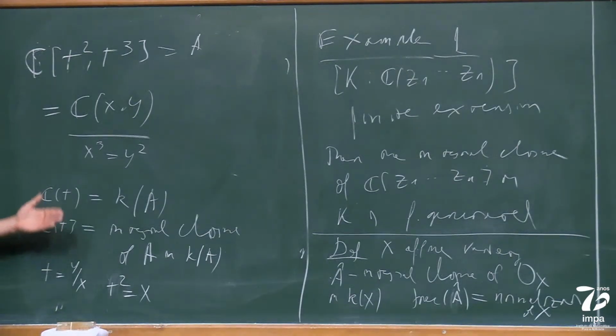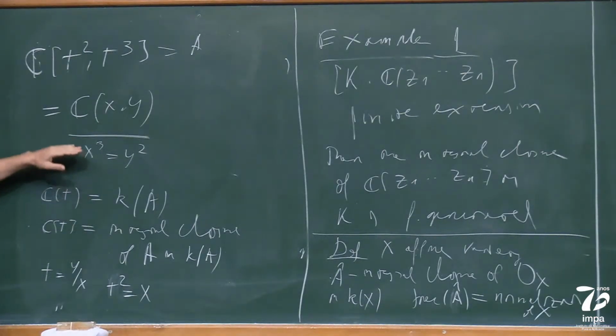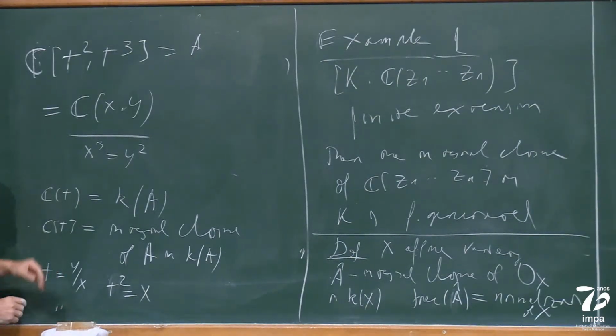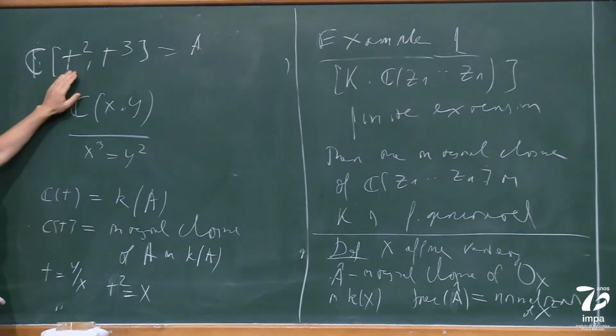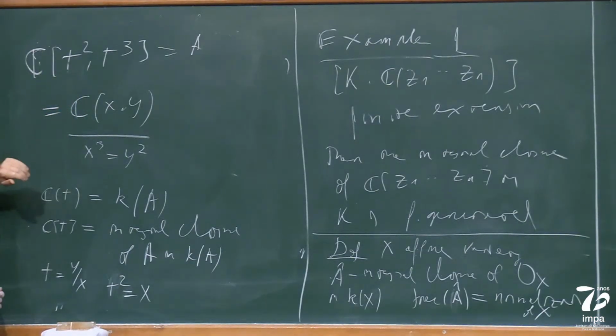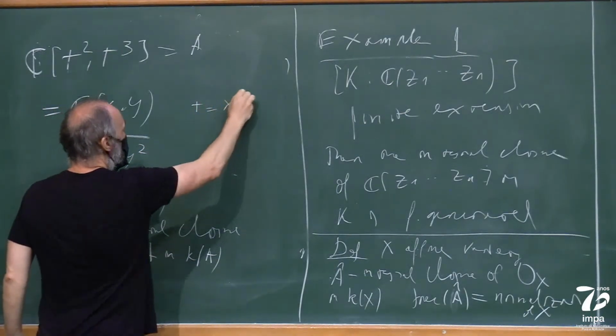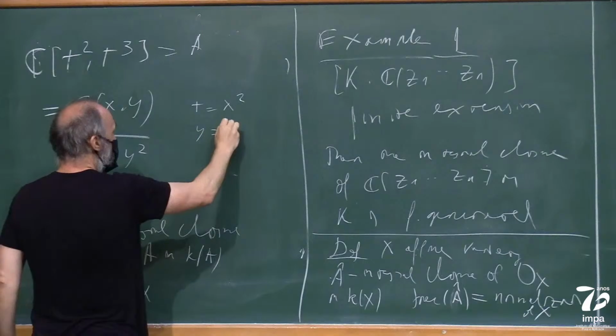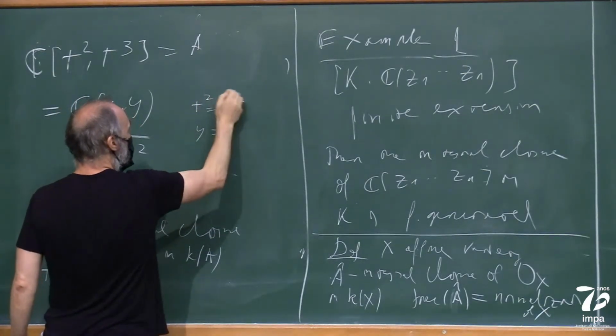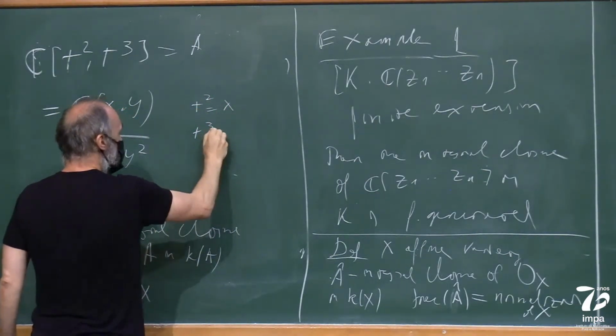This means that T is contained in the integral closure of this ring. Am I clear? Let me repeat. You have two representations of the same ring: T squared is X, and T cubed is Y.